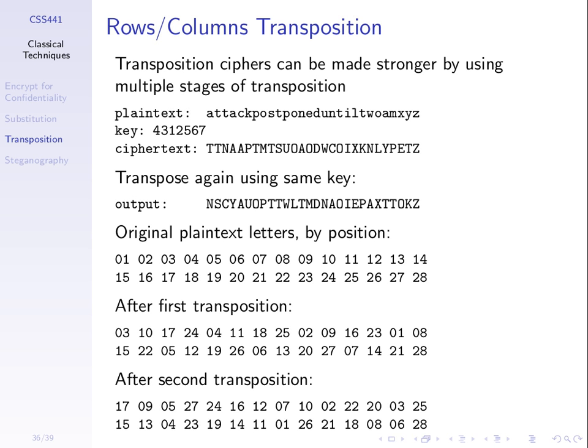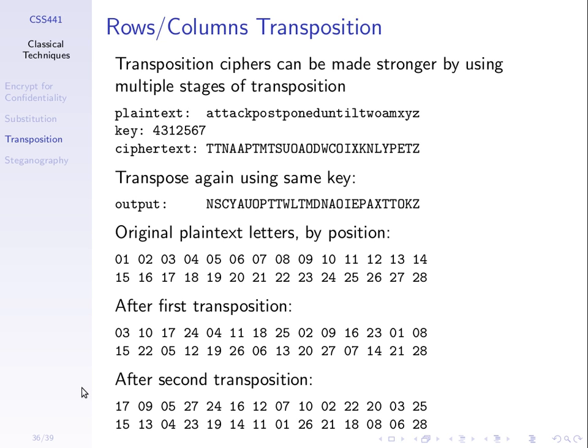The second letter of the plaintext ends up, if I can find it, here, the 10th position. So the numbers are just showing the position relative to the original plaintext: the first letter, the second letter, third, fourth, and so on.